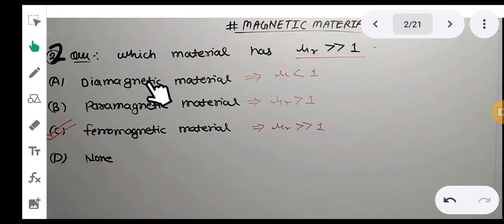So the ferromagnetic material is the only material having the UR far greater than 1, unlike the paramagnetic material. Okay, so the answer is C.